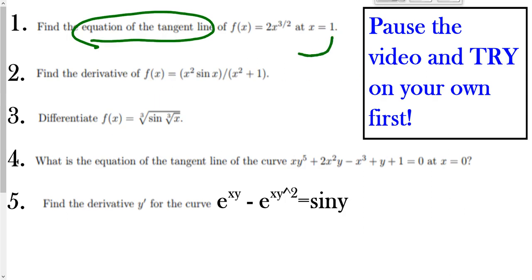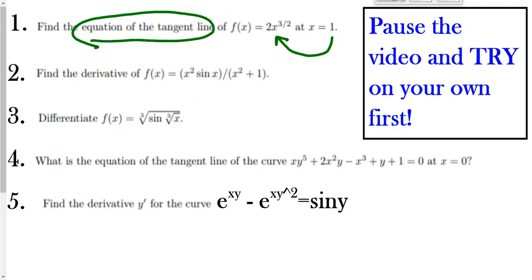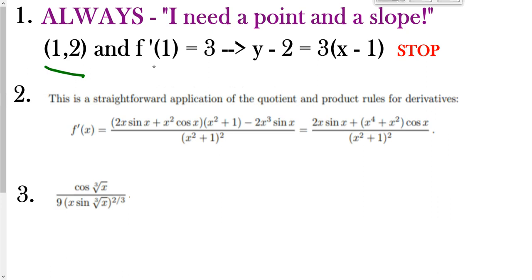If you put 1 into this original function, you should get the point (1, 2). Then to get the slope, you take the derivative using the power rule, and you should get that the slope is 3. So f prime of 1 is 3, and then you use point-slope form of a line, and then stop.